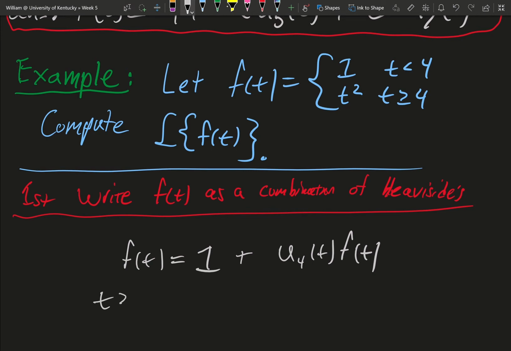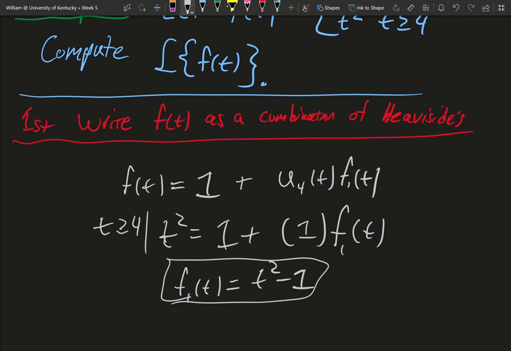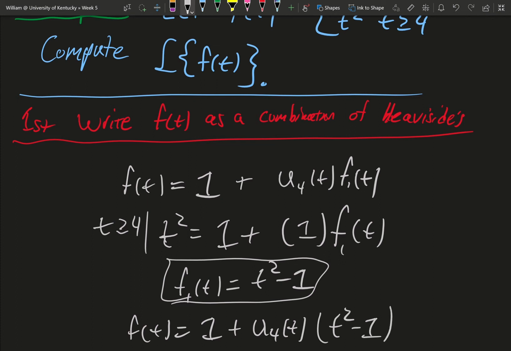But if t is greater than or equal to 4, then we need to get t squared. And so if we solve for f1, we get it's equal to t squared minus 1. And so we can conclude that f of t is 1 plus Heaviside function u4 of t times t squared minus 1.